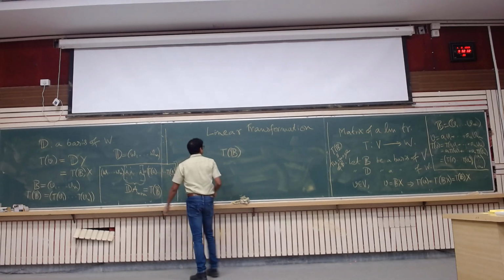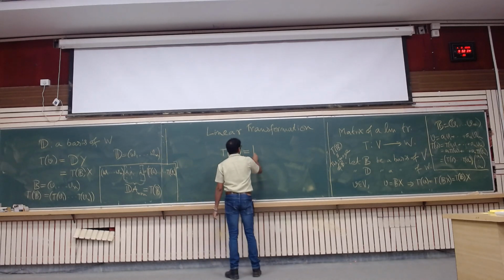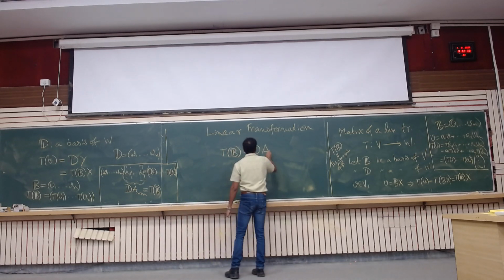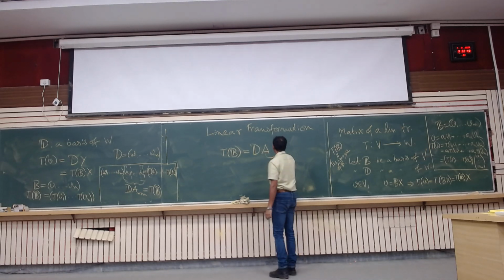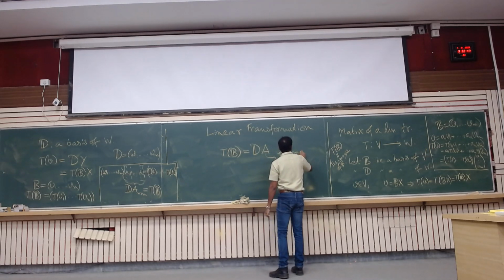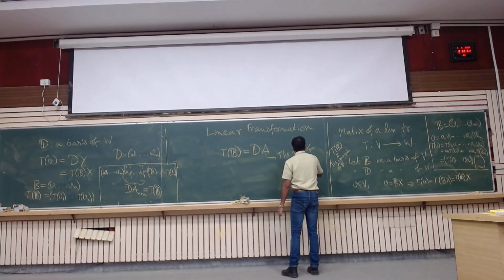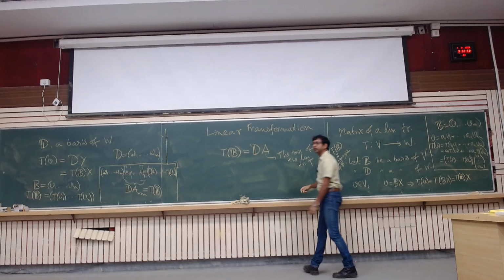Okay. So TB is equal to DA. The basis of the domain vector space, the basis of the range vector space. And this is called the matrix of the linear transformation T.